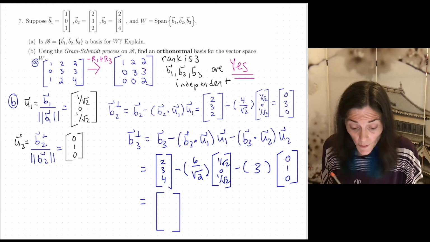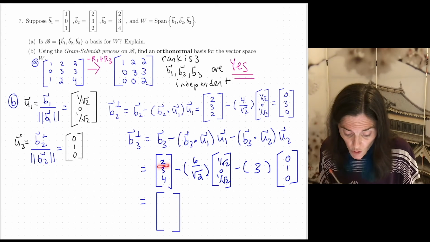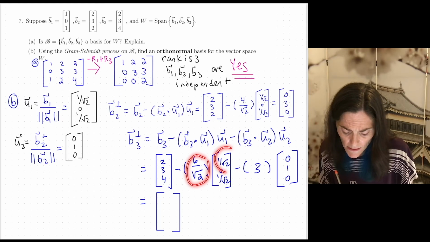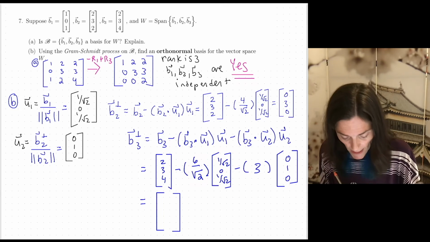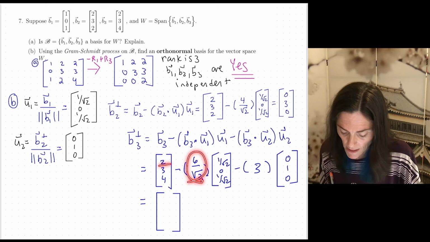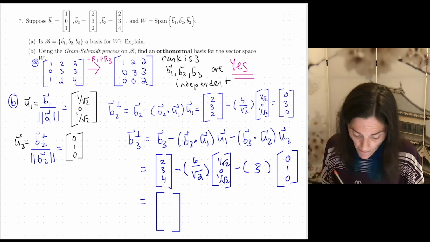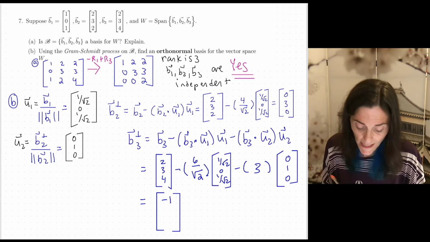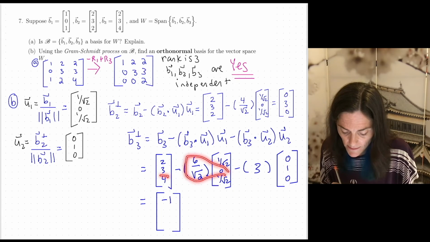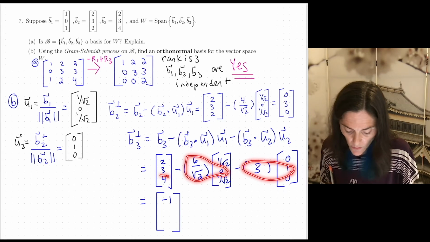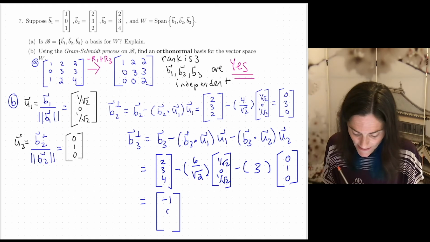So here you notice the first entry, we have 2. This is 6 over 2, which is 3. So altogether we have 2 minus 3 minus 0. This is -1. Very nice. Next entry, we have 3. Here's minus 0 and minus 3. We have 0.